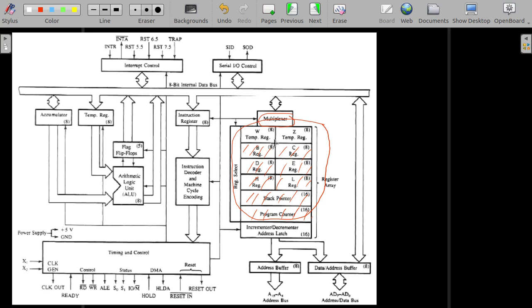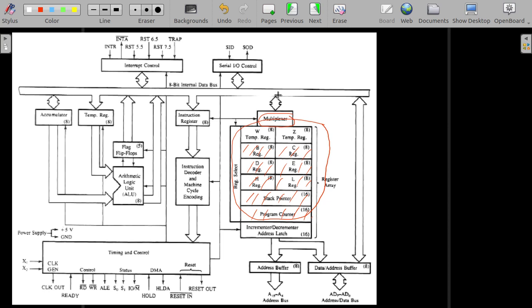Here we have a certain number of registers as the input and we want to give the data to the data bus. Depending on the control unit's demand, one of these registers will be selected, its value taken to the multiplexer and given to the 8-bit bus.